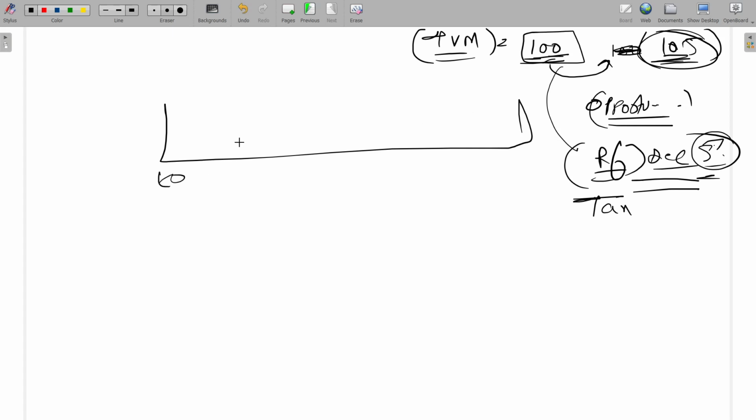So we have T0, T1, T2, T3, similar to a bond. In our above example, let's say this was T10.